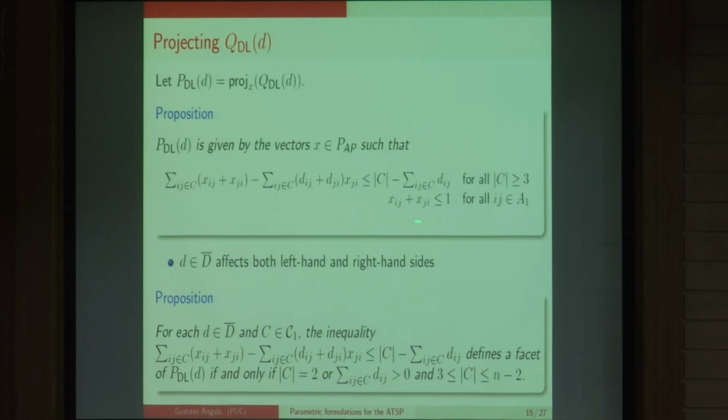These are for circuits of length 2, and for everything else, we have this collection of constraints. So now the analysis becomes a bit more detailed because we have to deal with the left-hand side. Again, we can characterize the facet of this set. Again, we need this to be positive and C not being too large.